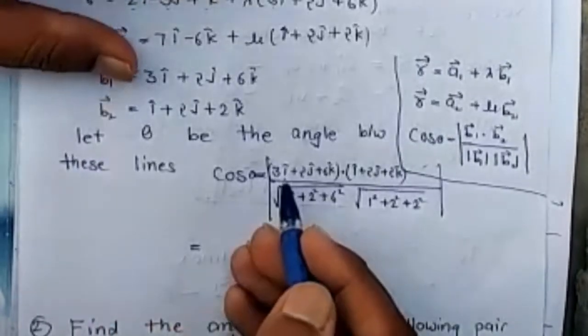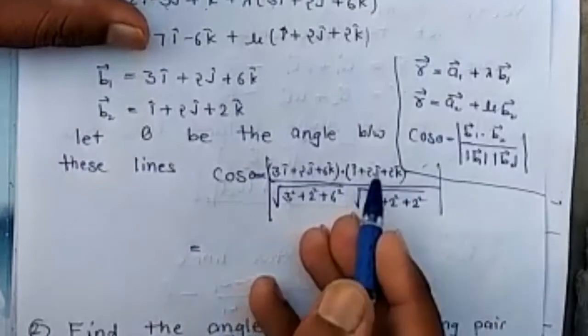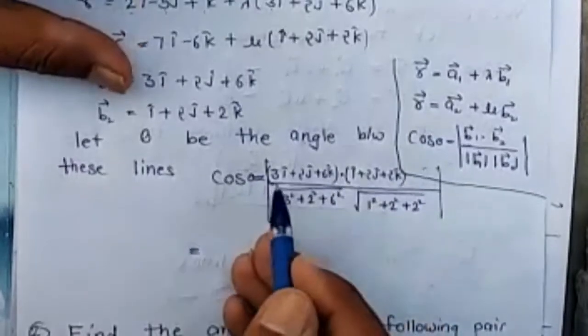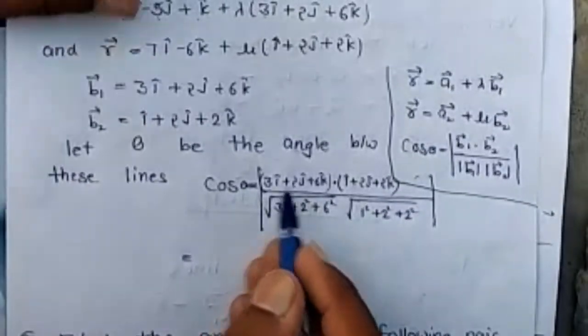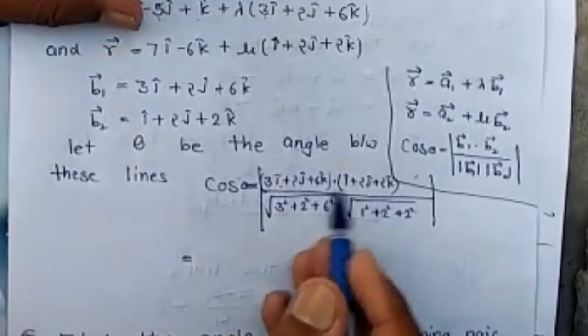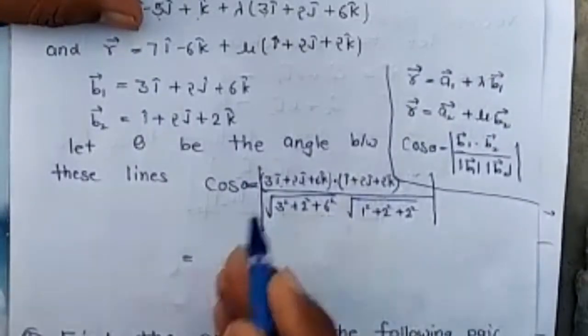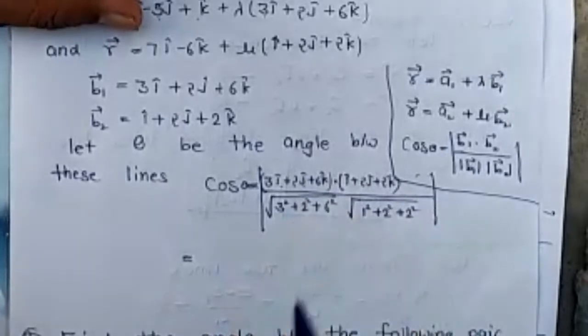Dot product is given by i dot i equal 1, j dot j equal 1, and k dot k equal 1, except i dot j is 0, i dot k is 0. Similarly, j dot i, j dot k is 0, k dot i, k dot j is 0.